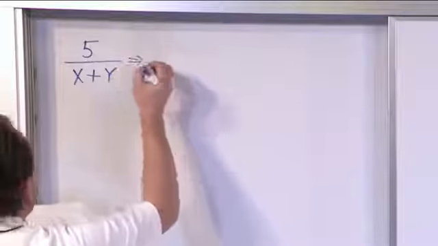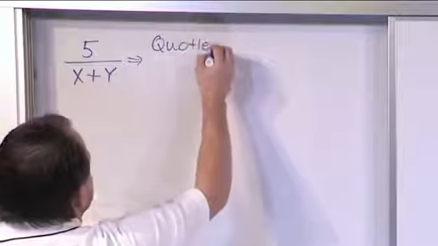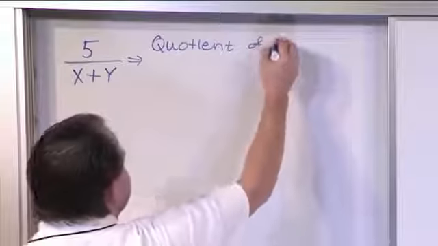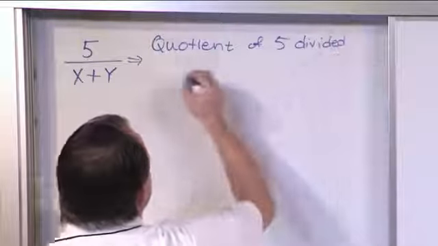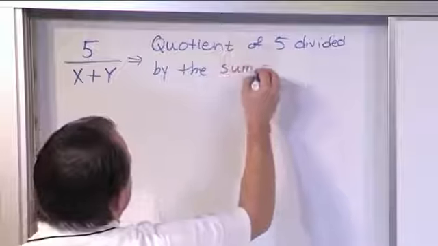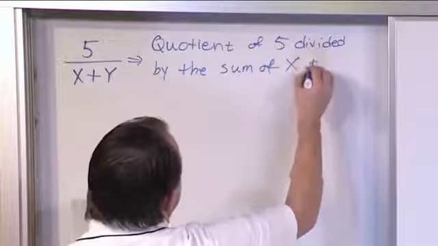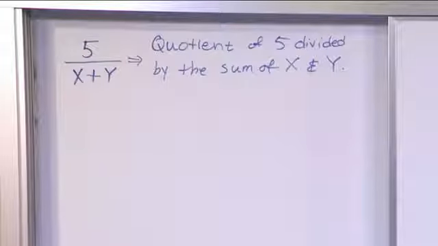There are different ways, but basically you have the quotient of 5 divided by the sum of x and y. It's the quotient of 5 divided by the sum of x and y.